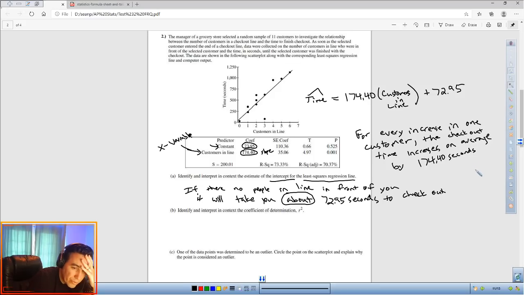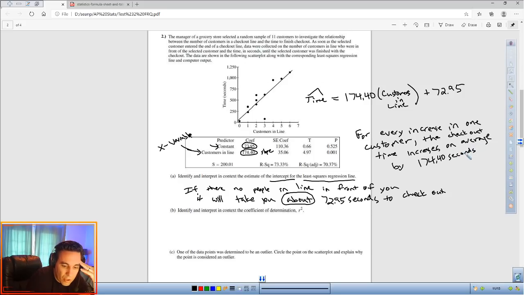Interesting. If there's no people, it takes you 72 seconds, but for every customer, it added 174 seconds. So that's your interpretation of slope.